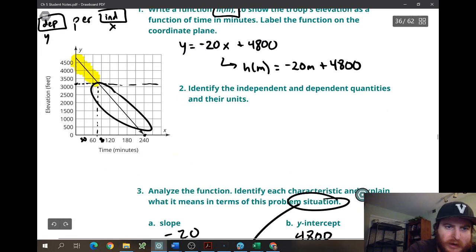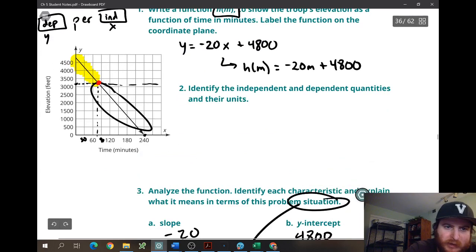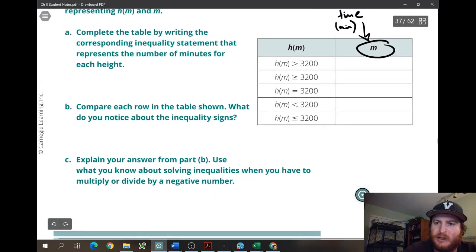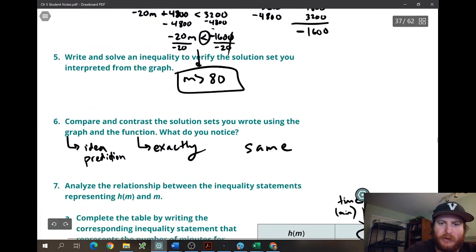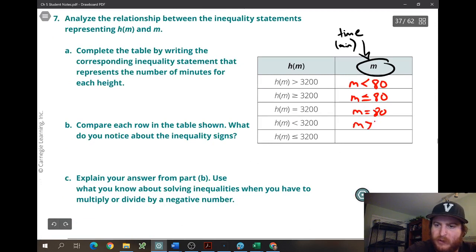We just found out that this crosses exactly at 80. So when we're greater than 3,200, that's before we've gone 80 minutes. So that's going to be m is less than 80. Now for greater than or equal to, we're just going to add the equal to sign. Equals 80 is exactly at 80. Then when we're below 3,200 feet, that's what we just solved for. That was when m was greater than 80.